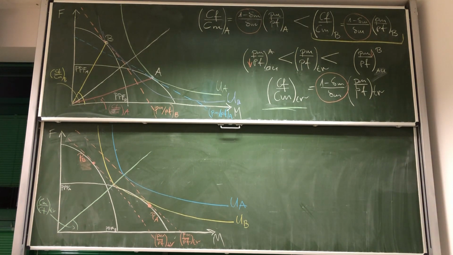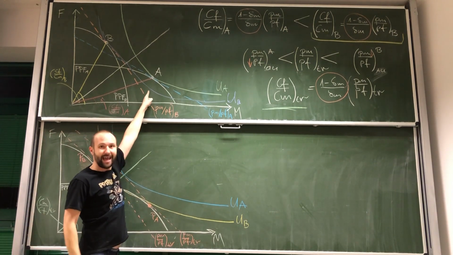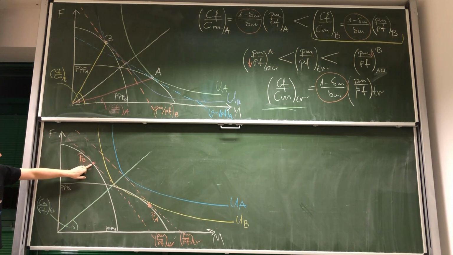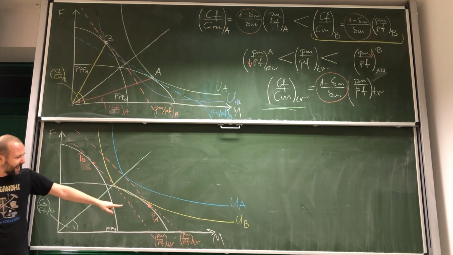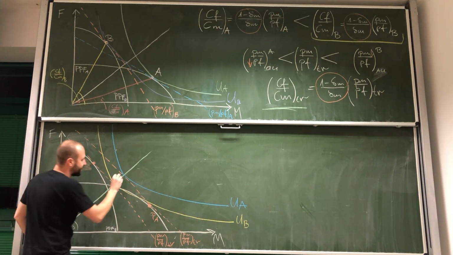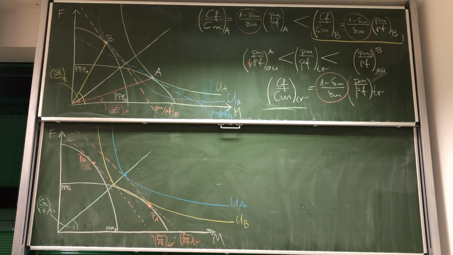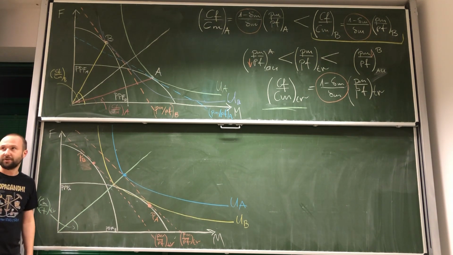Okay, but now, look, in point A, over here, in autarky, that was consumption and production equilibrium, and the same was for point B. Look, here we have production equilibrium for Bolivia and for Austria, but consumption equilibrium is in a different place. Look, this is how many goods Austria is consuming.